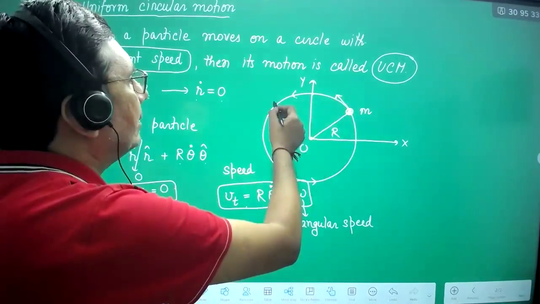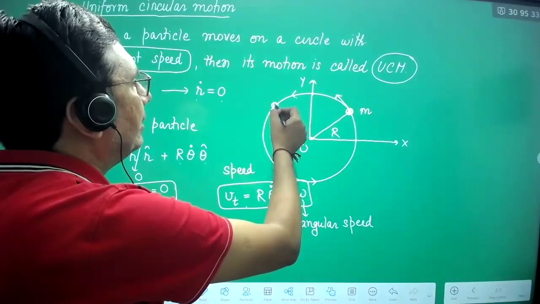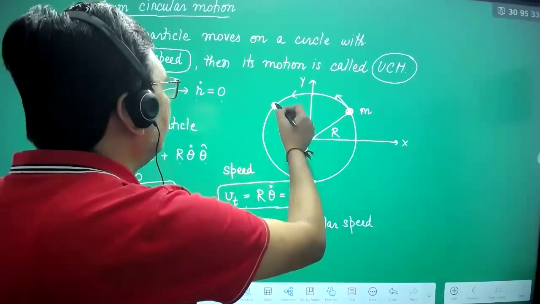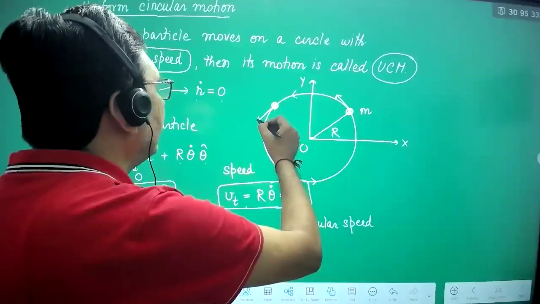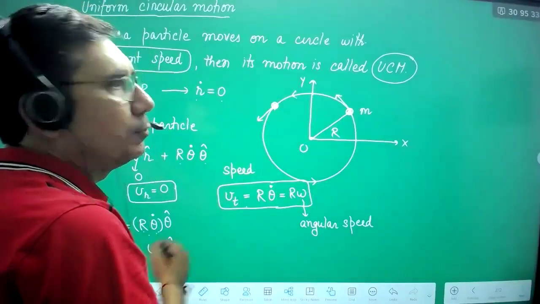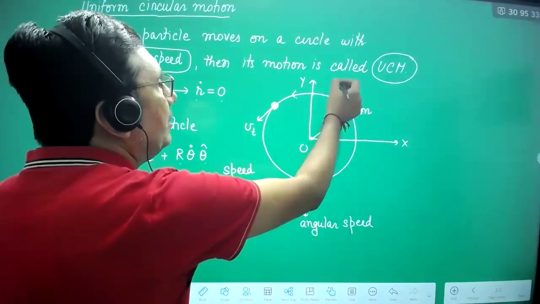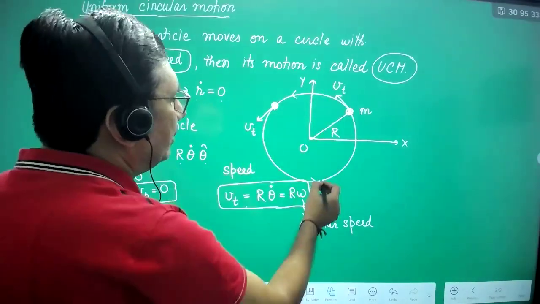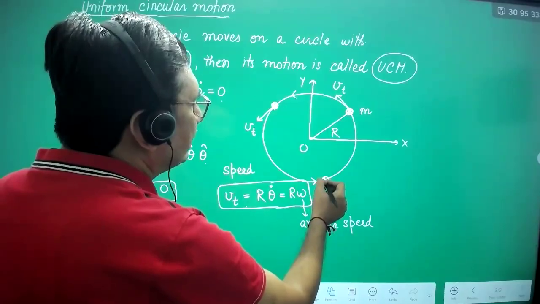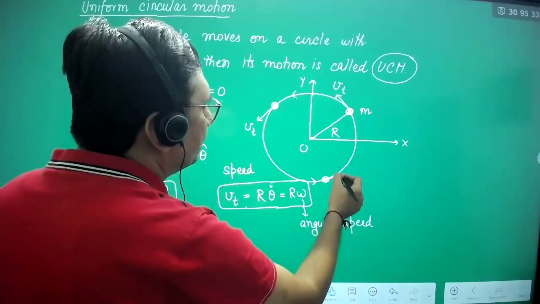Here, this is the direction. After some time, when this particle will be here, its direction will have changed, the magnitude will be the same. So it will be Vt, and this Vt will be constant, but its direction is continuously changing.